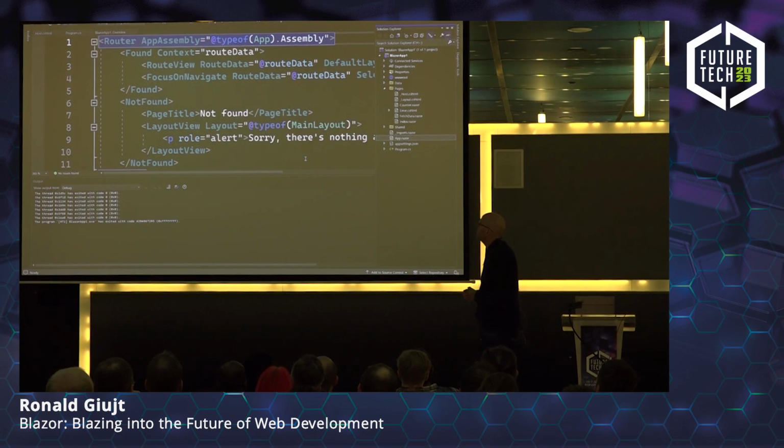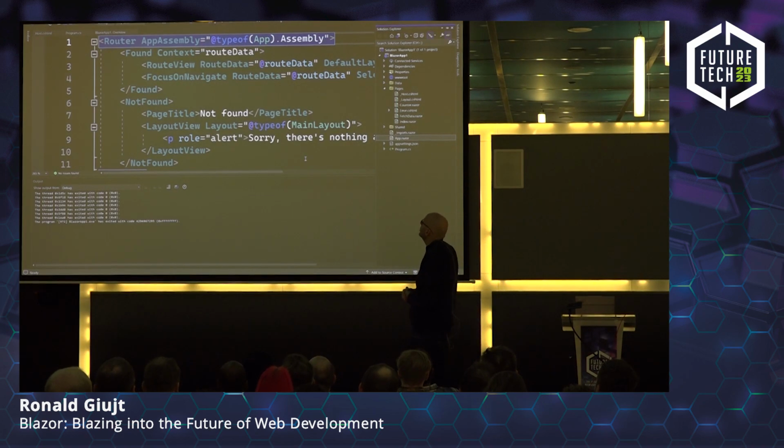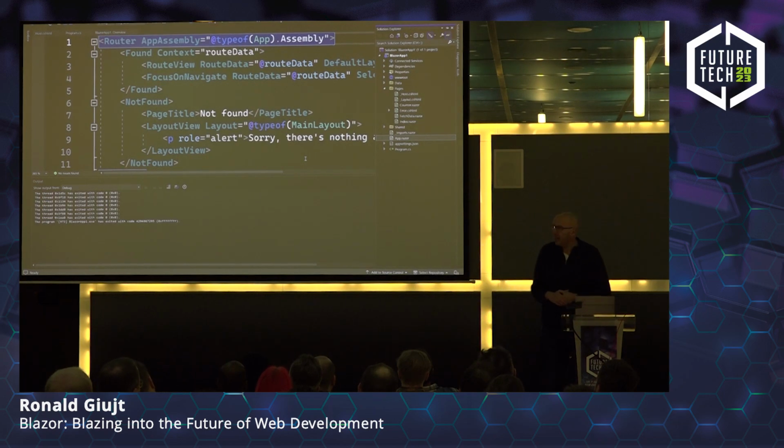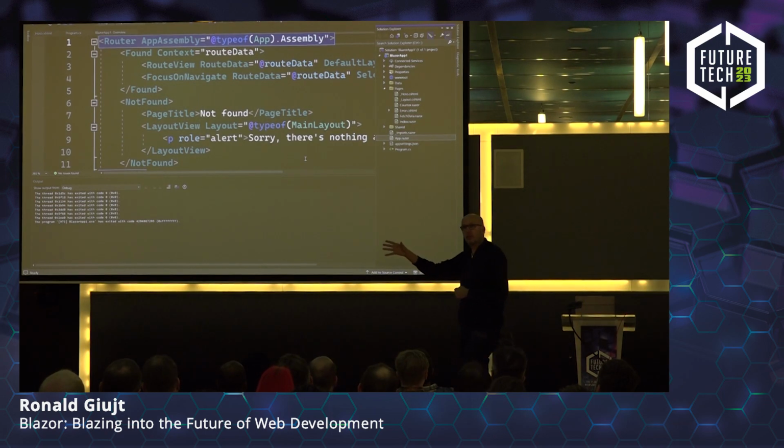This is called a router or however you pronounce it, depending on if you are in the United States or in the UK. But anyways, what this first component will do is it will look at the URL in the browser. And it will try to match that URL with a certain page in Blazor.